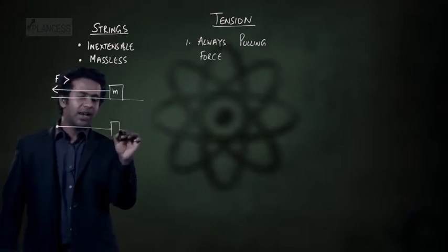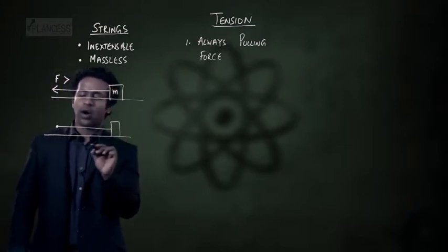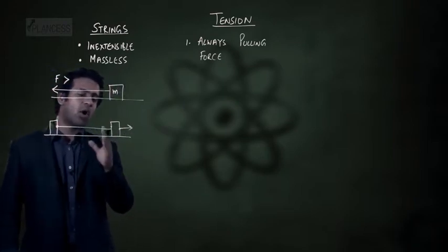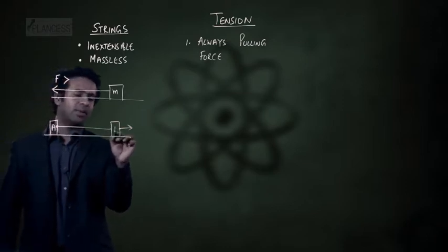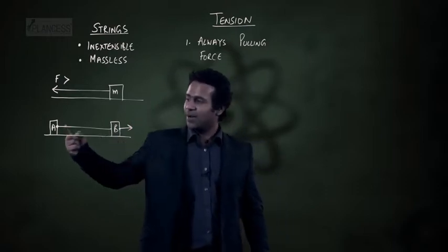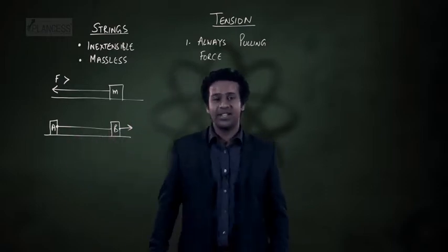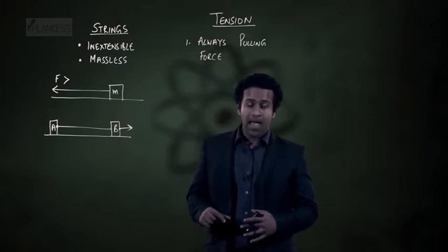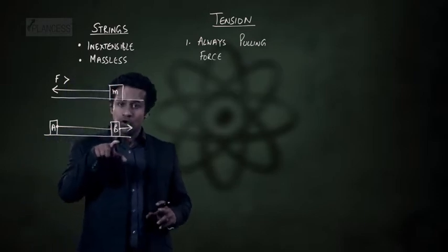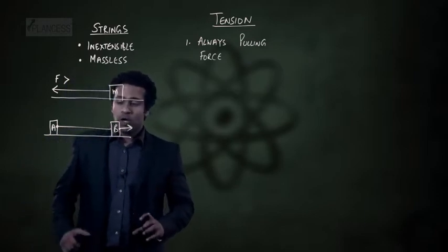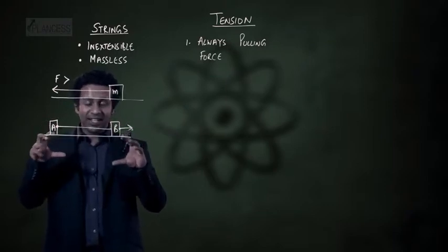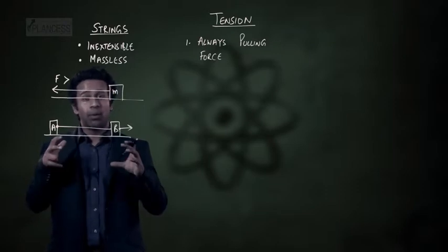And remember that it pulls both its ends. For example, let's take a situation where you have two blocks connected by a string, and then say you're pulling the block at the right. Let's call them A and B. So if you start pulling block B, this thread connecting these two will come under tension and will start pulling. Now, this thread will not only pull A, it will also pull B. So as soon as this thread comes under tension, it starts to pull at both its ends.